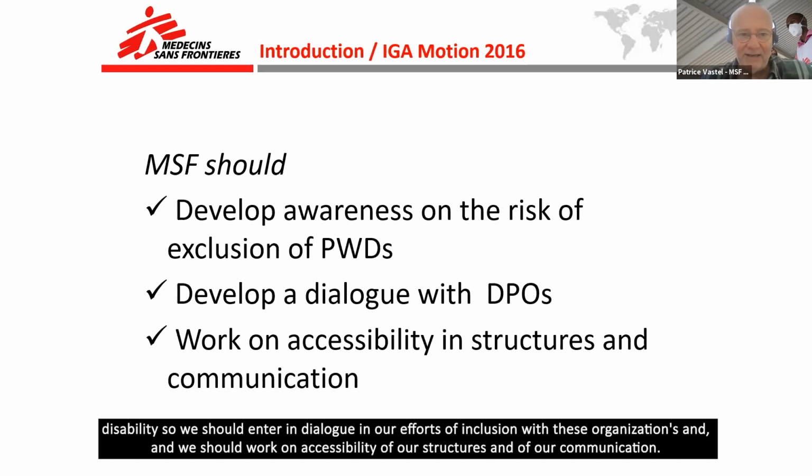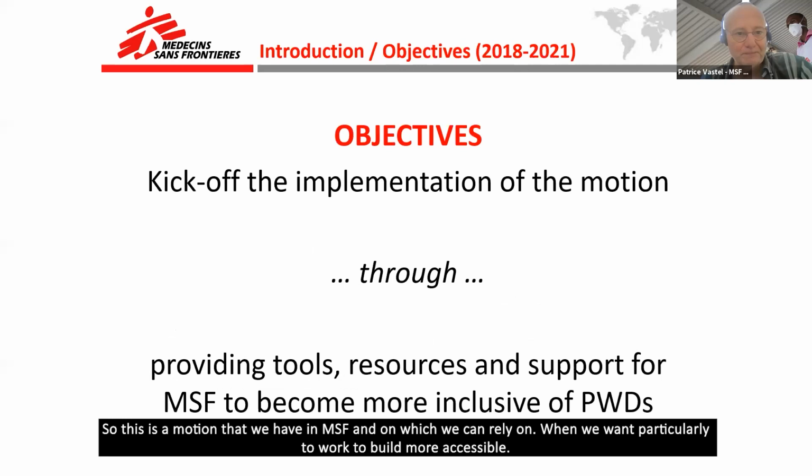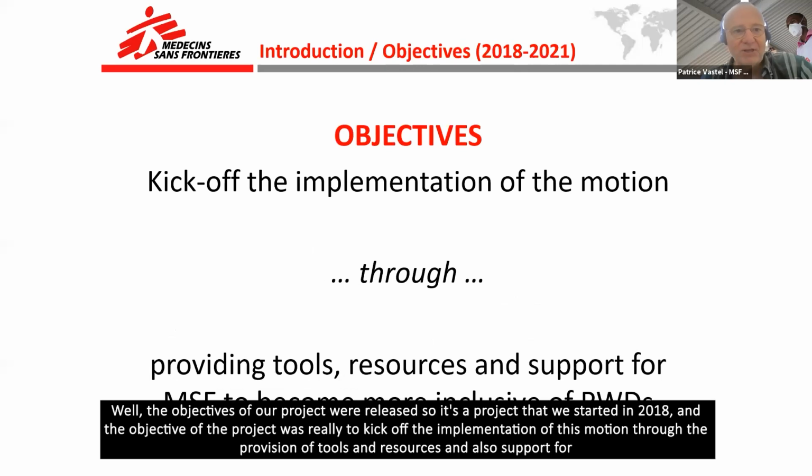We should enter into dialogue with these organizations in our efforts of inclusion, and we should work on accessibility of our structures and of our communication. This is a motion that we can rely on when we want to build more accessible projects. The project that we started in 2018.